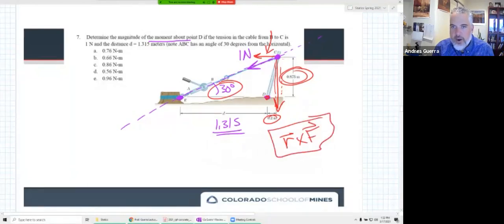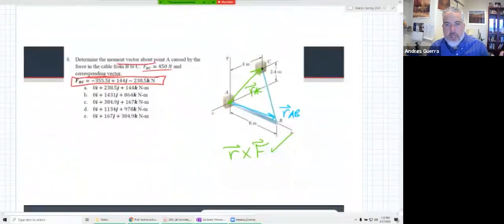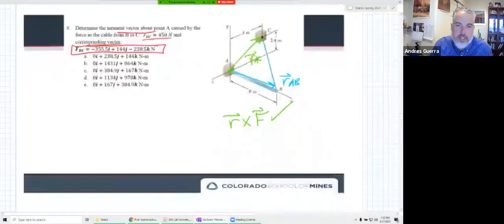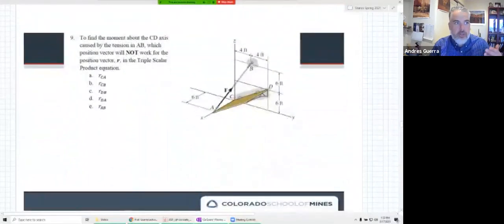It would be R from D to C cross F in this one, or you could do R from D to E cross F. So same idea in 2D as in 3D, that you can use any point on the line of action. And don't be afraid in 2D to use that R cross F stuff. For sure. It'll do all the signs for you. It'll do all the perpendicular distances for you if you figure out your R vector and your force vector.